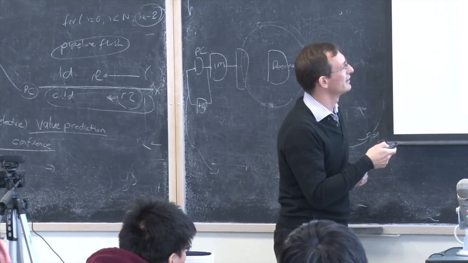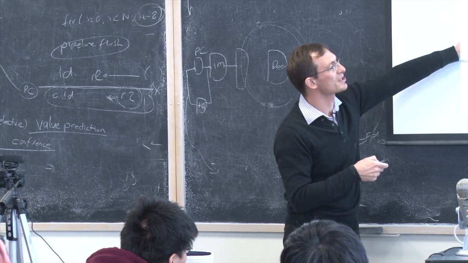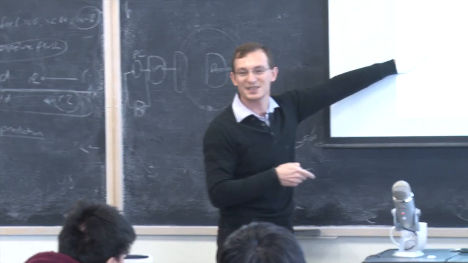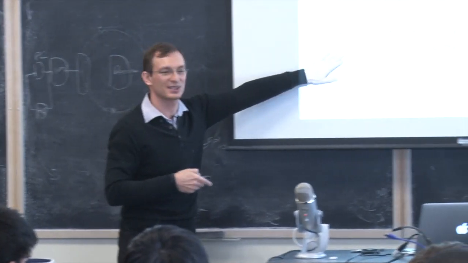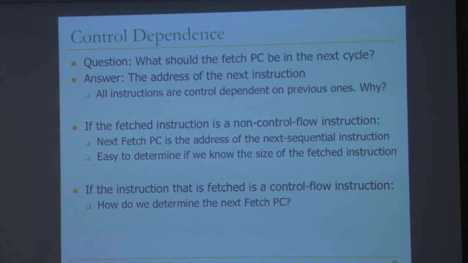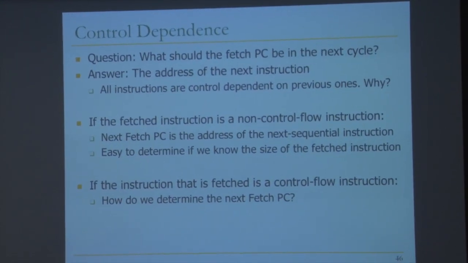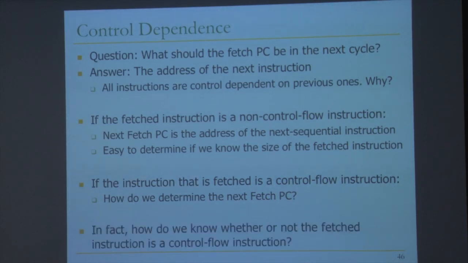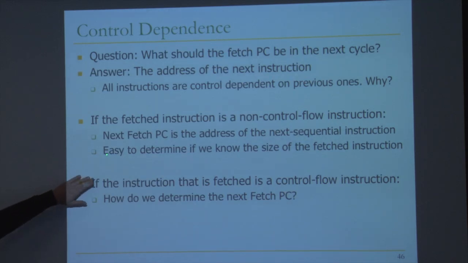Okay. If the instruction that's fetched is a control flow instruction, then your life is a little bit harder. How do you determine the next fetch PC? And we're going to answer that question. I don't think we're going to finish data dependence handling, but we're going to start that in the next lecture, where we talk about how do you determine the next fetch PC. But there's also one question, right? I kind of had this branch here, if you will.